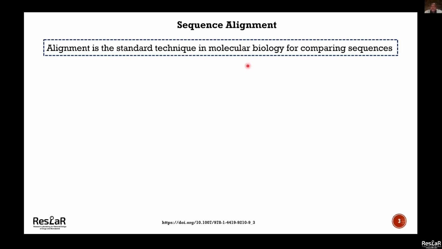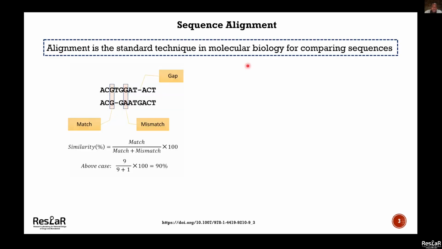So proteins, nucleotides, DNA, RNA, all of these are composed of sequences of either amino acids or nucleotides. So alignment is a way of comparing two or more sequences for similarity and obviously differences.